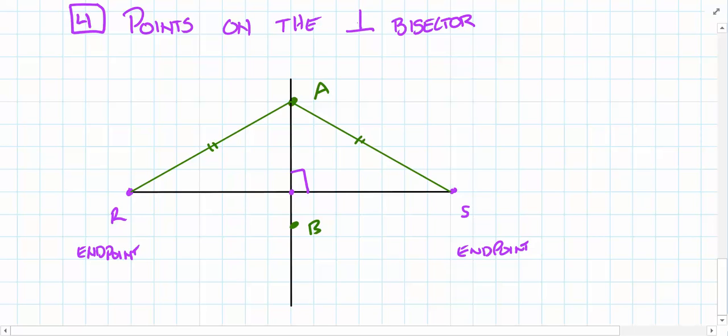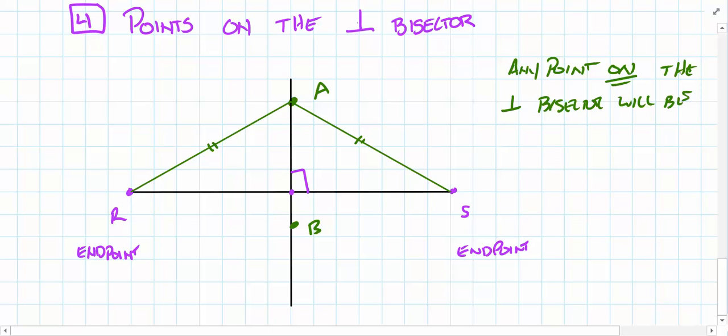Any point on the perpendicular bisector will be equal distance from the endpoints.